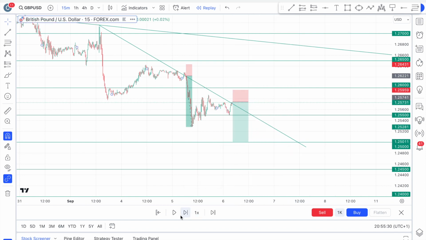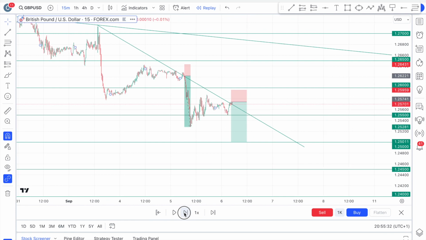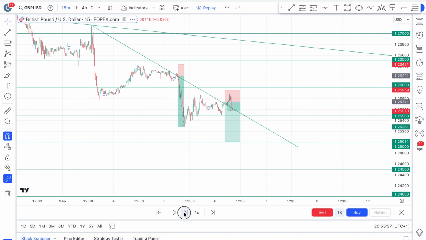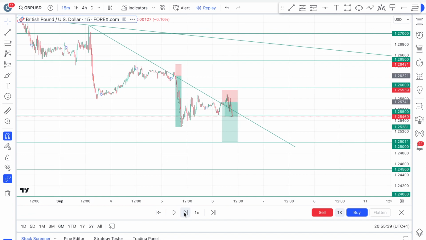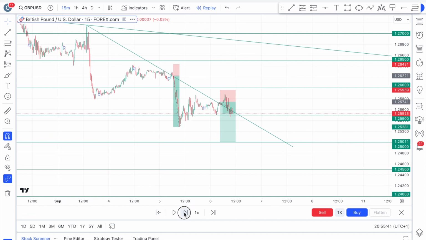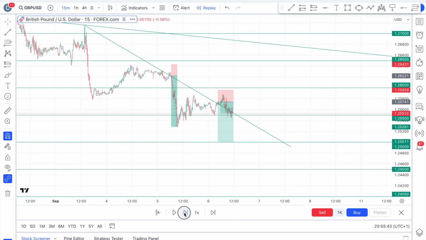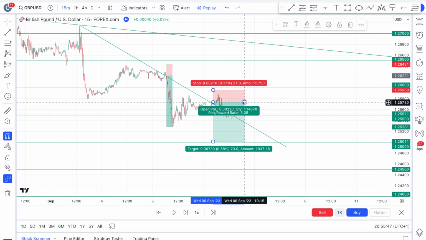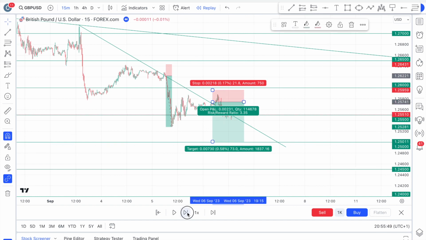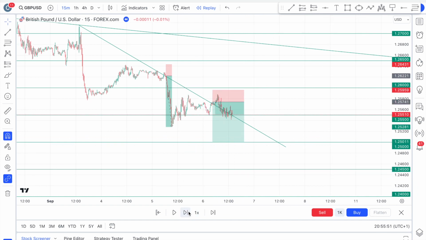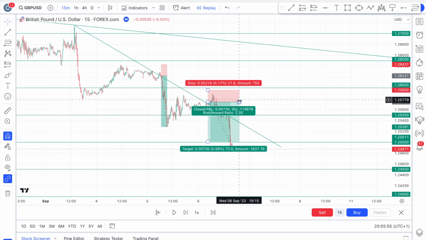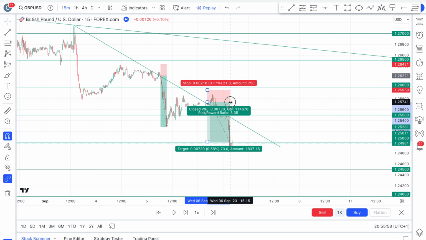It almost hit our stop loss, and price is still coming down. So we're going to expand this here. So price hits our take profit for the second trade.